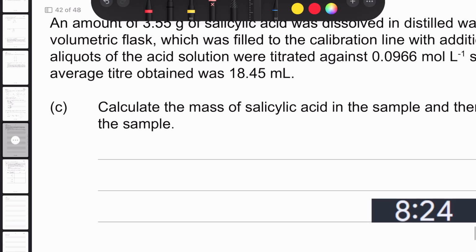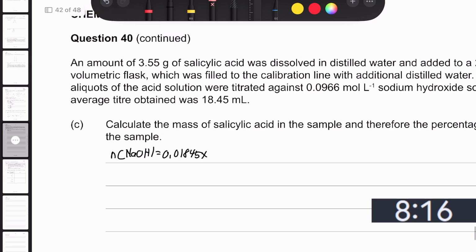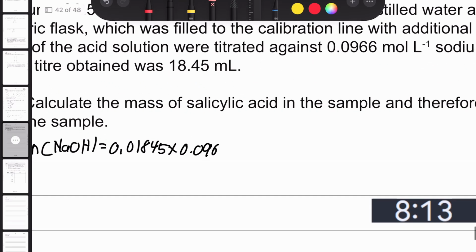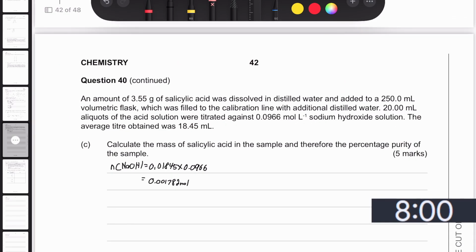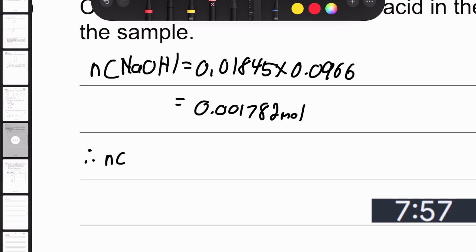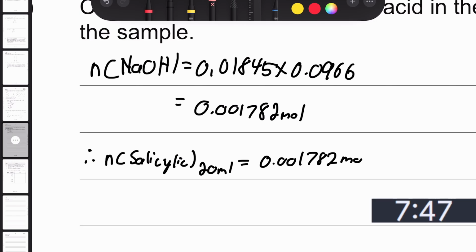So then the number of NaOH is equal to 0.01845 times 0.966, which is 0.01782 moles. And for the number of salicylic acid in 20 milliliters, it's going to be 0.001782 moles.